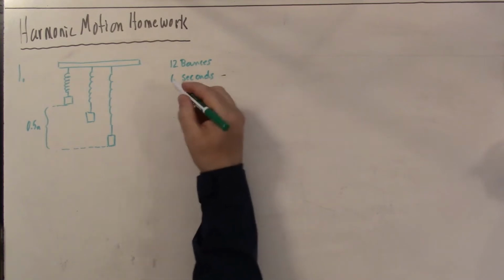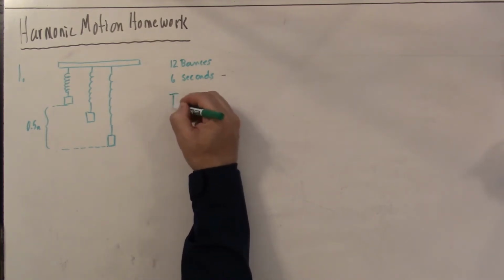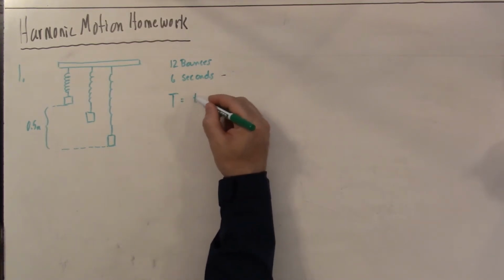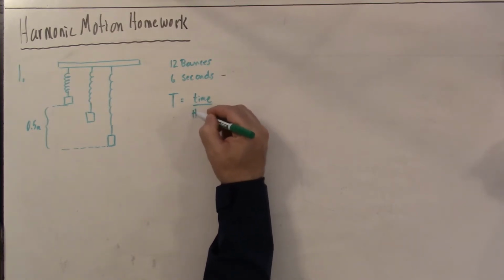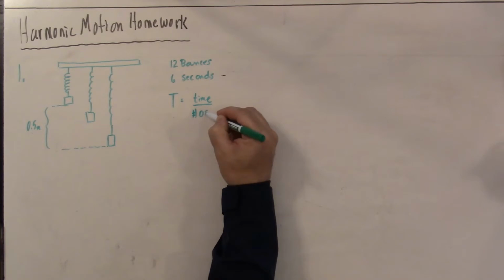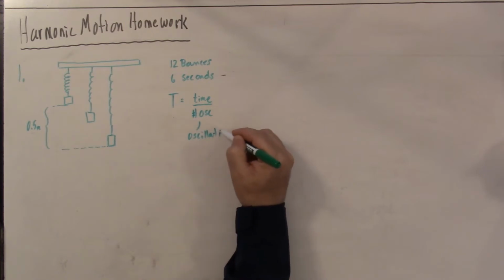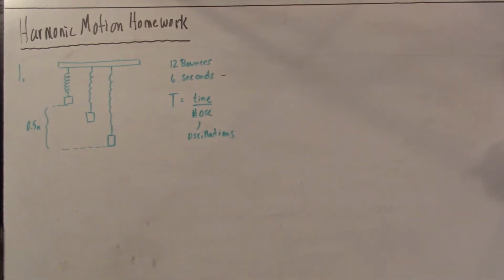All right. So first it says find the period. We use capital T for period because it's a period of time. The period can be defined as the total time it takes to do the number of oscillations. An oscillation is any kind of repeating pattern.